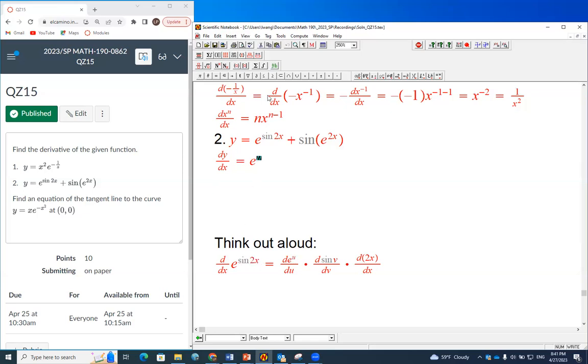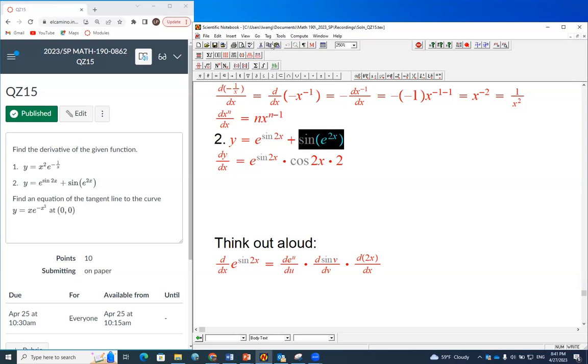So you can replace u by sine 2x. And then you work with the derivative of sine 2x. The derivative of sine v with respect to v is cosine of v. But of course, you know what v is. V is 2x. And last but not least, you take the derivative of 2x, and that's equal to 2. Okay.